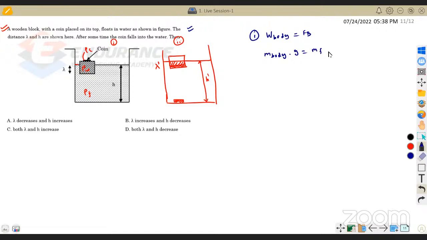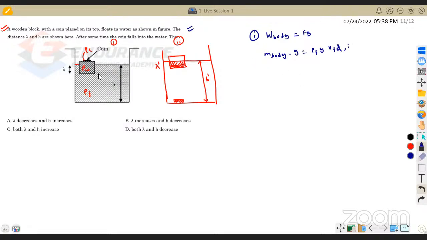I will write it as rho f g into Vfd, the volume which has been displaced. This is for the first condition. And what is my mass of the body?